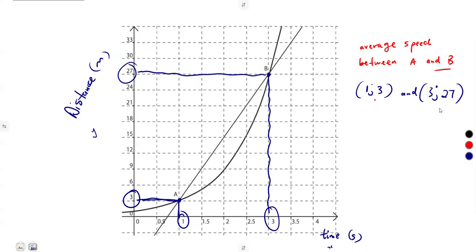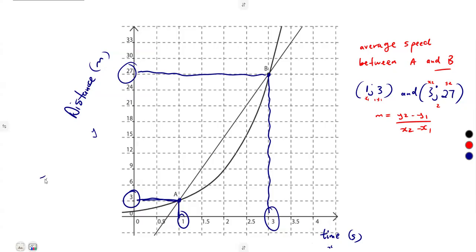When you say this is your first point, this is your second point, it is the same thing that we had before. It is the average rate of change. So if you are using X values, this is X1, Y1, this is X2, Y2. So you're going to call M: Y2 minus Y1 over X2 minus X1. If you are using terms of time, as you can see, time represents your X values.